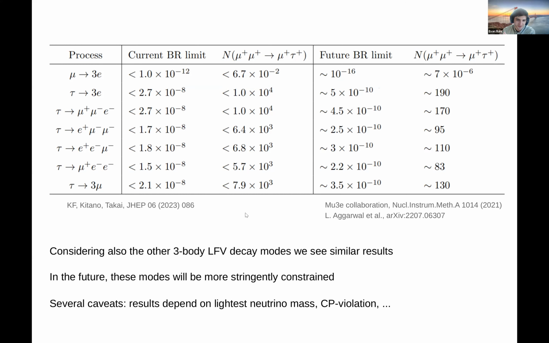Very good, thank you. And could muTRISTAN look for mu plus e plus final states as well? Yeah, certainly, mu plus e plus. So yeah, I mean, any kind of final state you imagine can be searched for. Of course, anything to do with electrons has already or will generally be more already constrained, but certainly.